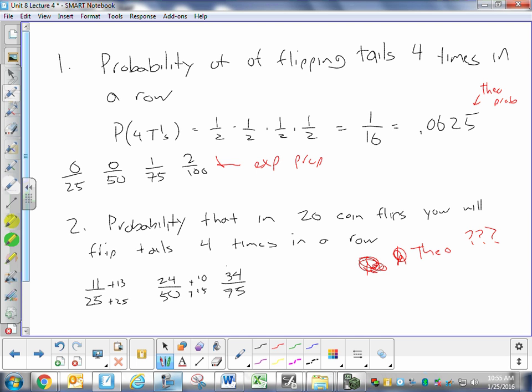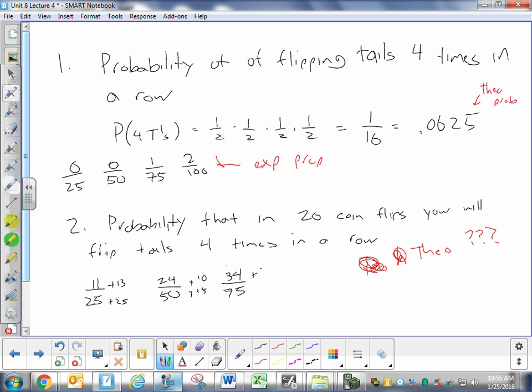Ready, set, go. Who succeeded? 1, 2, 3, 4, 5, 6, 7, 8, 9, 10, 11, 12, 13.